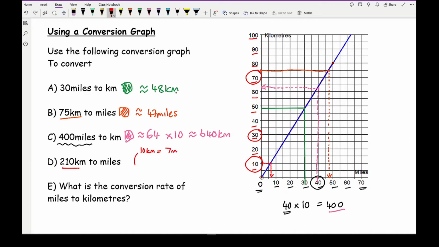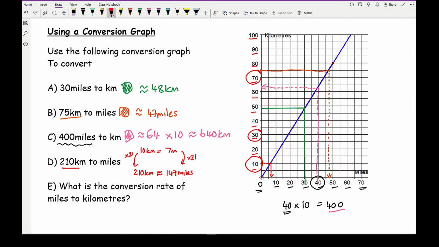Then if I multiply that by 21, what I get is 210 kilometers equals 7 times 21, which gives me a final answer of 147 miles. And again, we're approximately doing this because we're not accurately working this out, as it all depends on our graph.